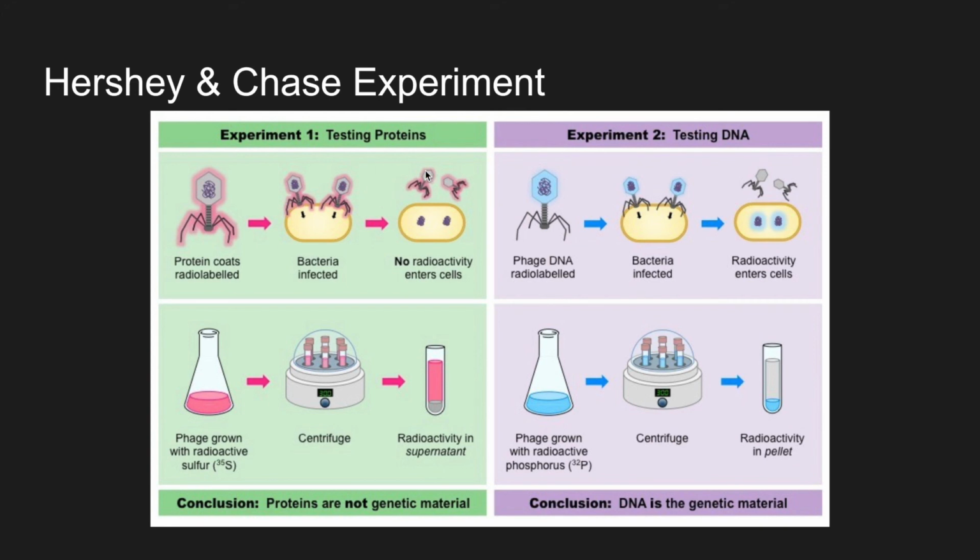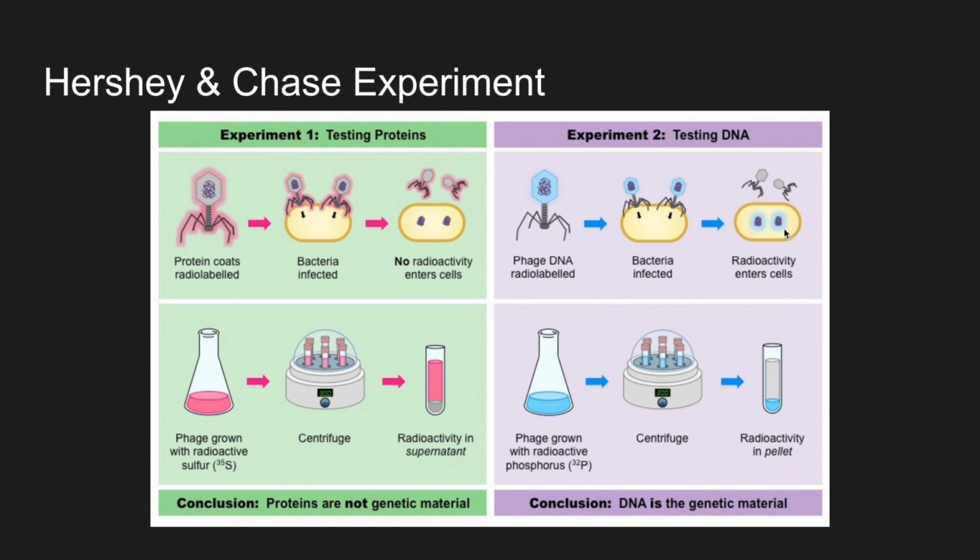So all of the radioactive material, which is the protein, is actually left in the supernatant once centrifuged. So they saw the radioactivity in the supernatant. Whereas here, when they labeled the DNA with the radioactive isotope, they found that radioactivity in the pellet, which was indicative of the DNA that was actually injected into the bacteria cell.